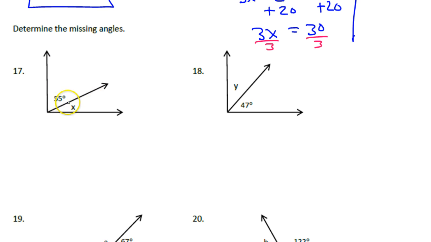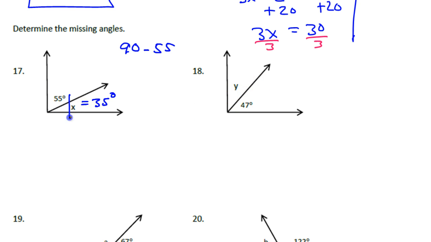So let's go ahead and assume that we have no choice. So if this is a right angle, if these are then complementary, then we can just do 90 minus 55. And that would make this 35 degrees. Okay, but you really aren't supposed to assume that it's a right angle, so that's bad form. But I don't see any other way.